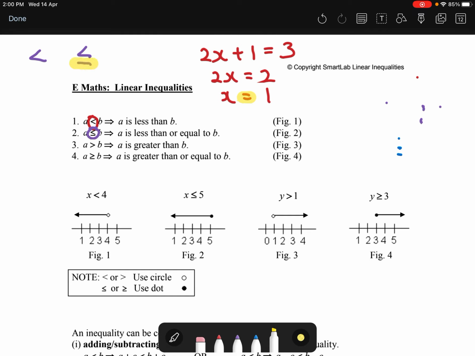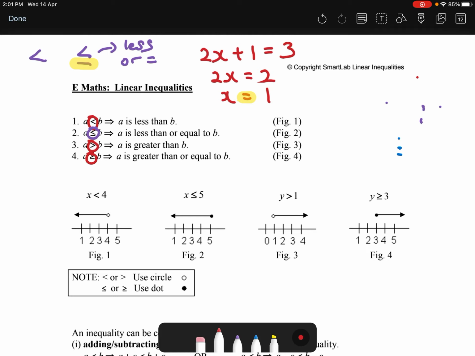So this means less than or equal to. Of course the third one will be greater than, and last but not least, greater than or equal to. So this is what we call the inequality signs.